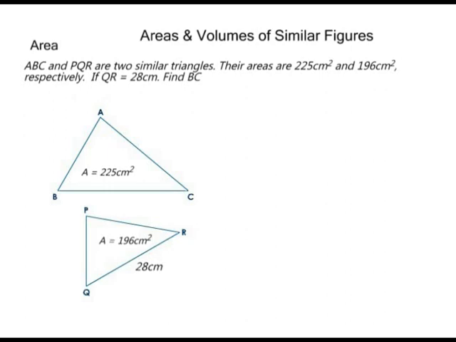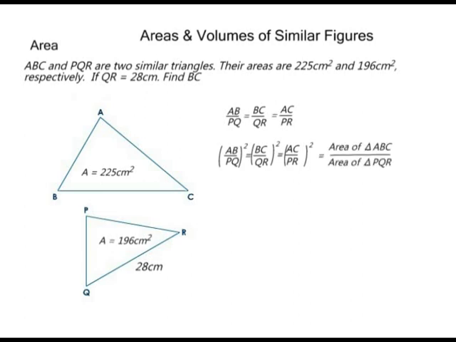In the solution, if the triangles are similar, then AB over PQ is equal to BC over QR is equal to AC over PR. Then again, (AB over PQ) squared is equal to (BC over QR) squared and is equal to (AC over PR) squared and is equal to the area of triangle ABC over the area of triangle PQR.